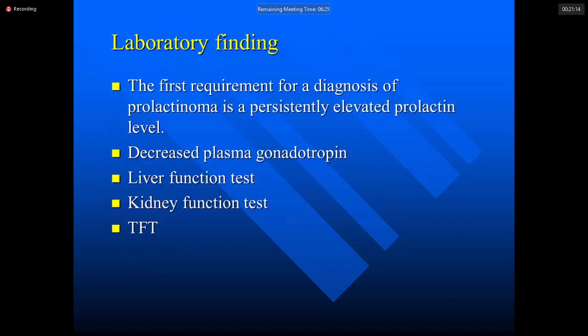So the first requirement for the diagnosis of prolactinoma is a persistently elevated prolactin level with decreased plasma gonadotropin level, and we exclude other causes. Before we think about a pituitary tumor, we exclude primary hypothyroidism, renal failure, and liver disease.